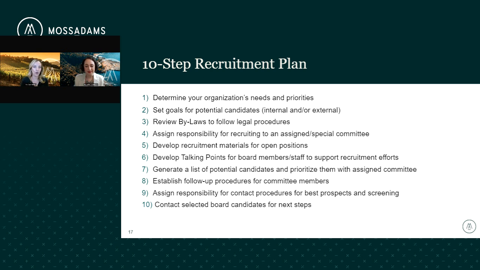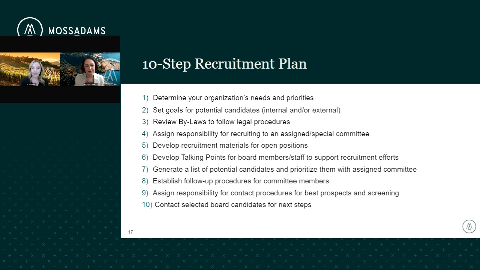Hopefully in our first section, we talked about determining your organization's needs and priorities. That matrix is a great way to think about what your needs are across your organization. Utilizing that tool and going through that exercise with your board, thinking about where that analysis work could be needed, is a great exercise to understand the needs and the priorities.